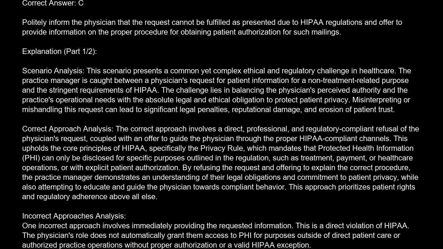Incorrect approaches analysis. One incorrect approach involves immediately providing the requested information. This is a direct violation of HIPAA. The physician's role does not automatically grant them access to PHI for purposes outside of direct patient care or authorized practice operations without proper authorization or a valid HIPAA exception.